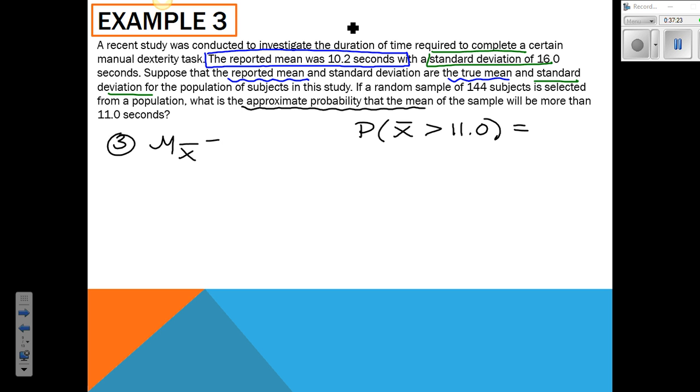Let's organize mu sub x bar and sigma sub x bar. What is mu sub x bar going to be equal to? Mu, which is 10.2.